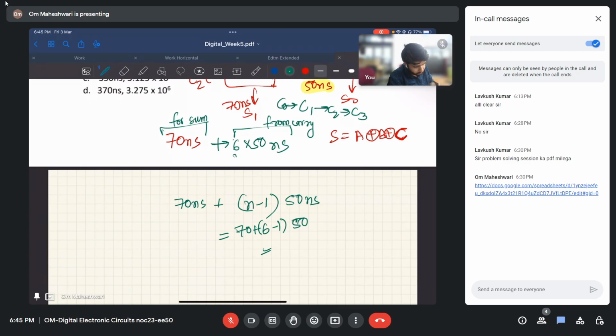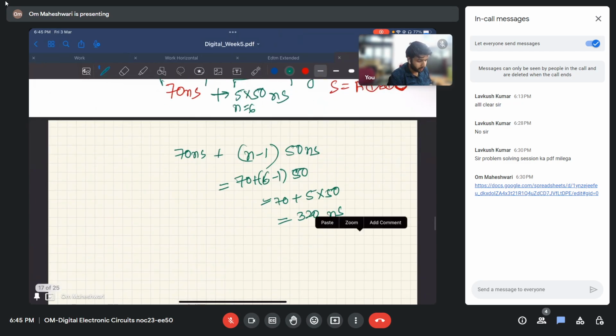So n minus 1 is 5. 70 plus 5 into 50 is 320 nanoseconds. So the total delay is 320 nanoseconds.